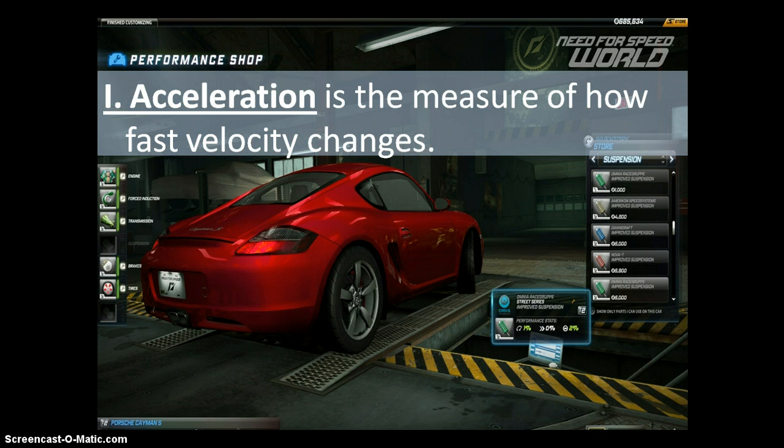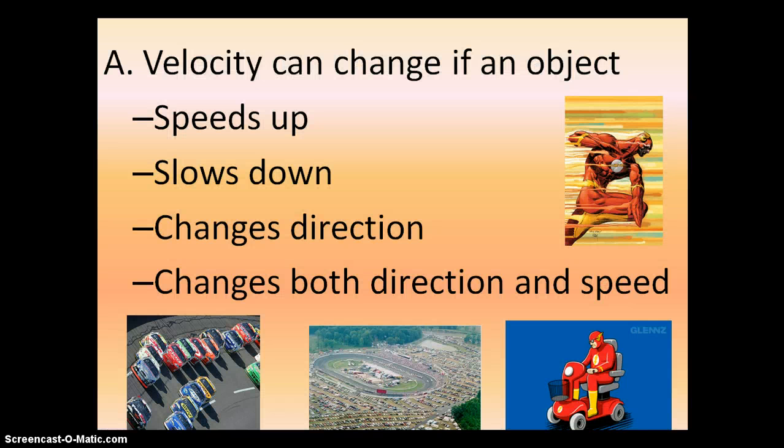Number 1, acceleration is the measure of how fast velocity changes. That's the definition for acceleration and the answer for ECQ number 1. Subtitle A, velocity can change if an object does these 4 things: speeds up, slows down, changes direction, and changes both direction and speed.